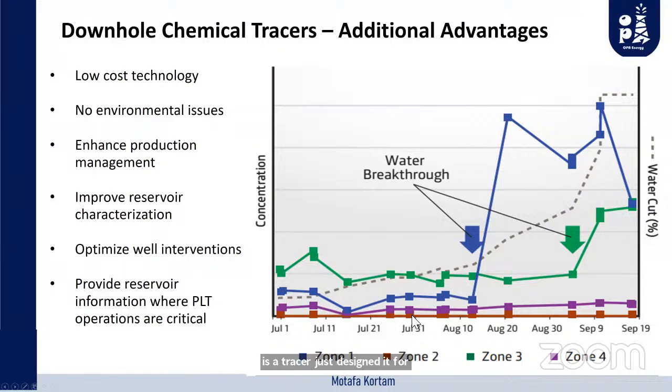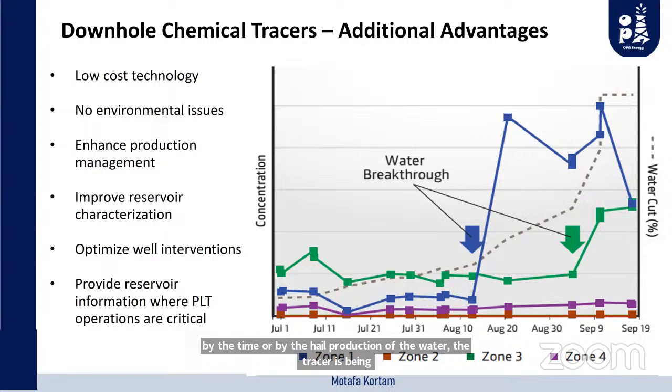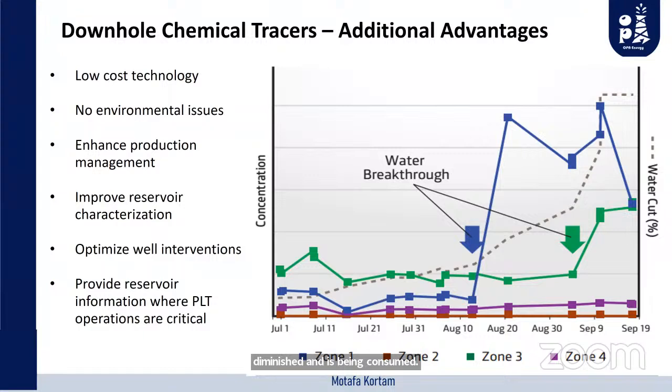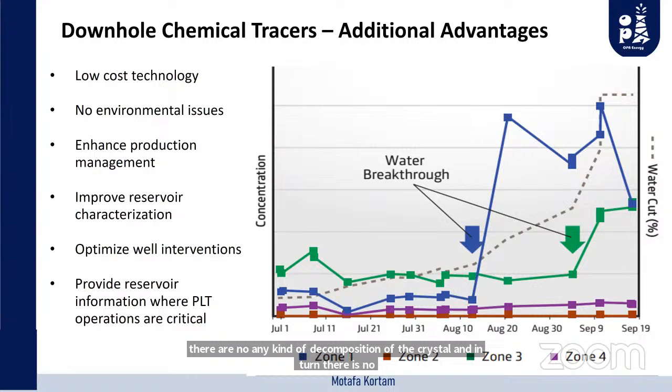Once there is water production, the tracer will dissolve partially according to the amount of water being produced. By the time of high water production, the tracer is diminished and consumed. If there is no water production, the tracer will be left as it is, with no decomposition, and in turn there is no evidence of the tracer in the flow stream.